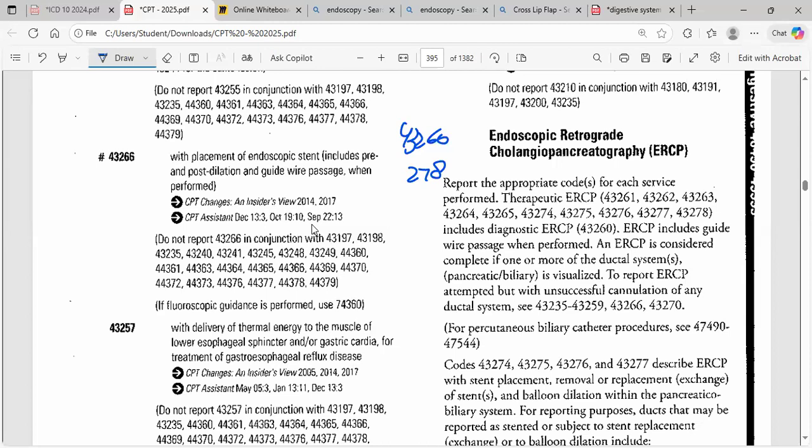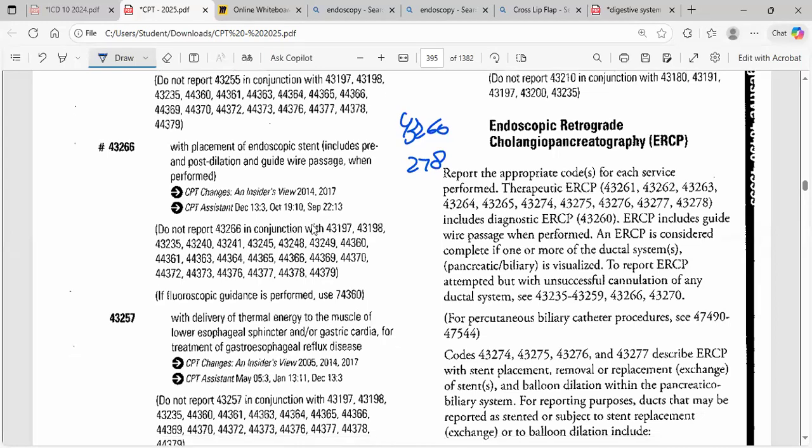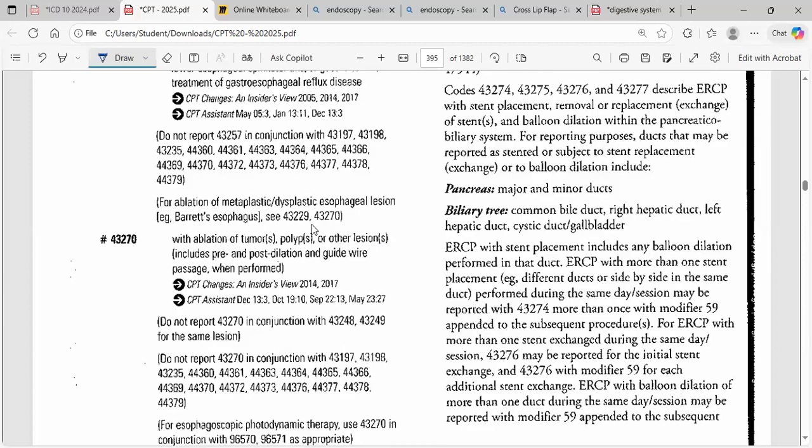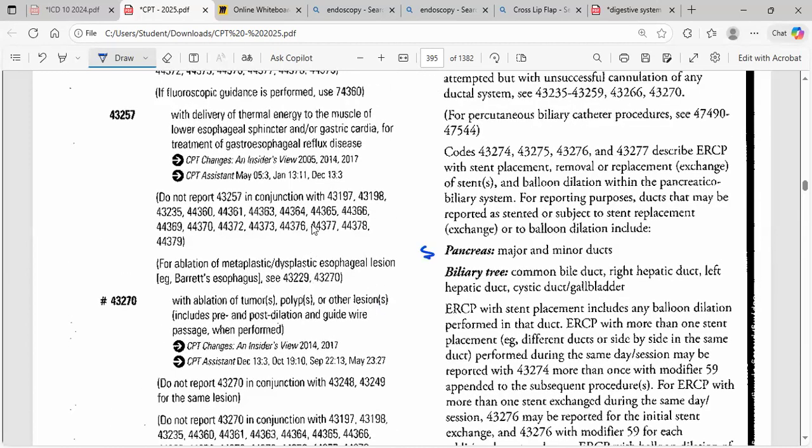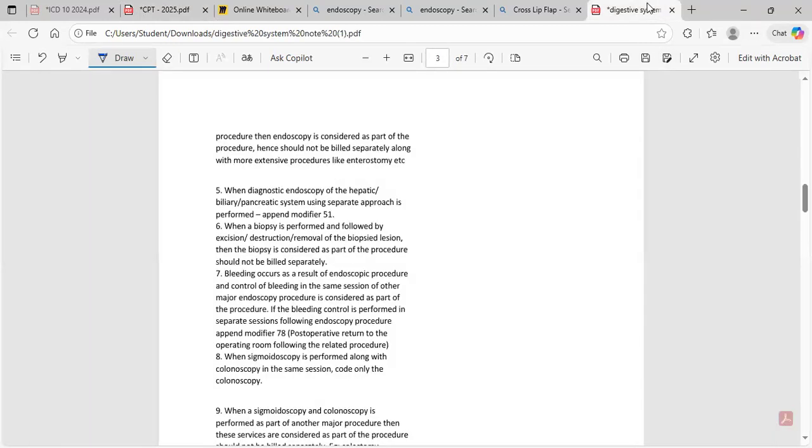So our ERCP codes are based on the ductal system. We have two systems here, pancreas and biliary tree. Whenever we have to bill the ERCP, diagnostic endoscopy of the hepatic and pancreatic system, if it is performed separately, then we have to bill them separately.